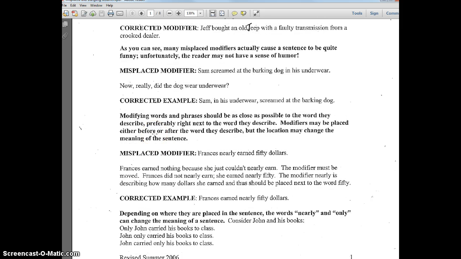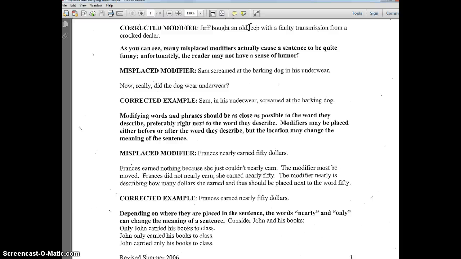Modifying words and phrases should be as close as possible to the word they describe, preferably right next to the word they describe. Modifiers may be placed before or after the word they describe, but the location may change the meaning of the sentence. If you look at the misplaced modifier, Francis nearly earned $50 is a completely different meaning than Francis earned nearly $50.